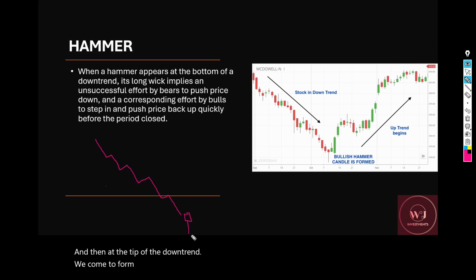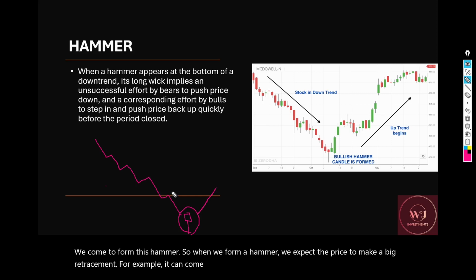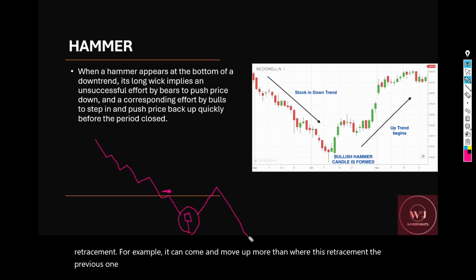When we form a hammer, we expect the price to make a big retracement. For example, it can move up more than where the previous retracement was, before it continues down into the downtrend.